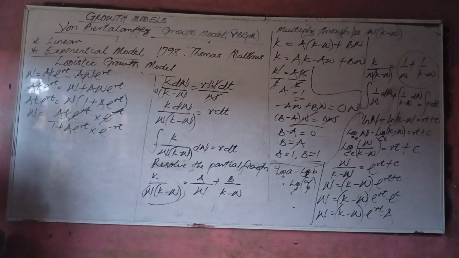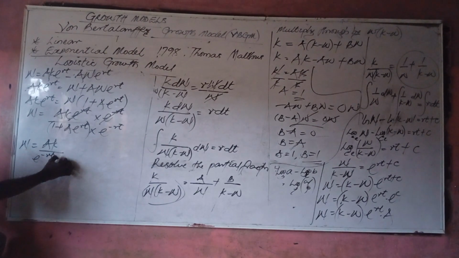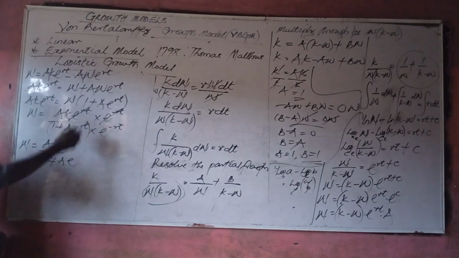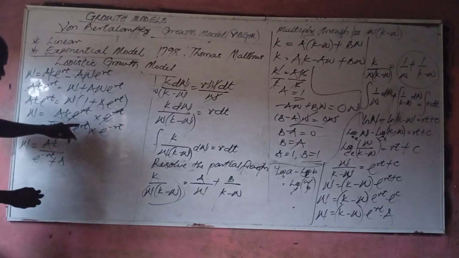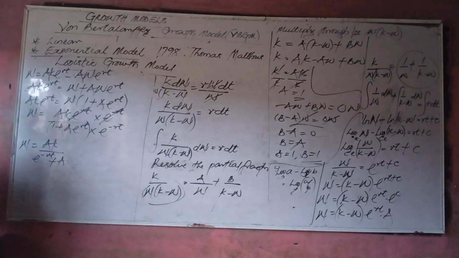So W becomes A K over E to the minus RT plus A E to the RT times E to the negative RT, and this will also cancel out, since E to the positive this and E to the negative this gives 0, so 1 rather.